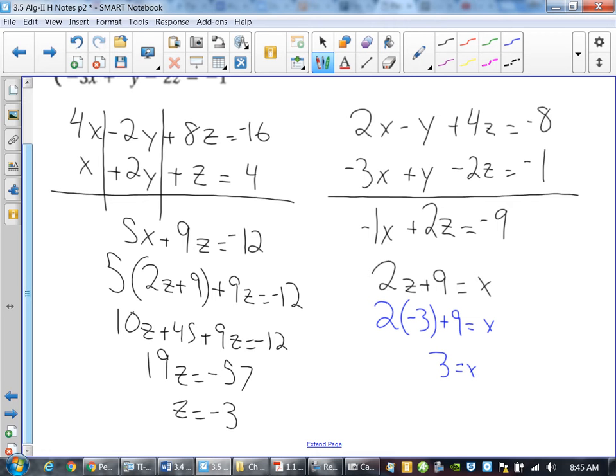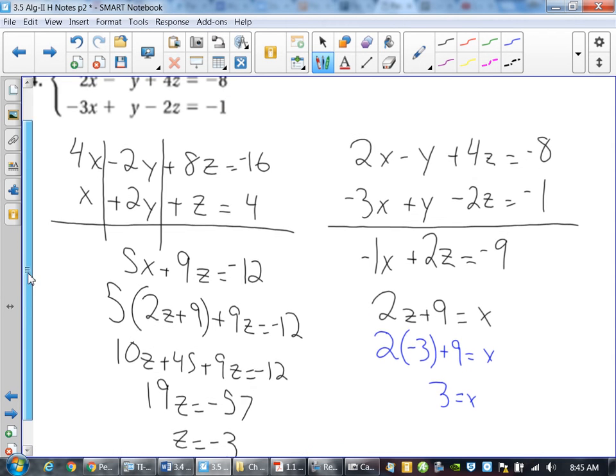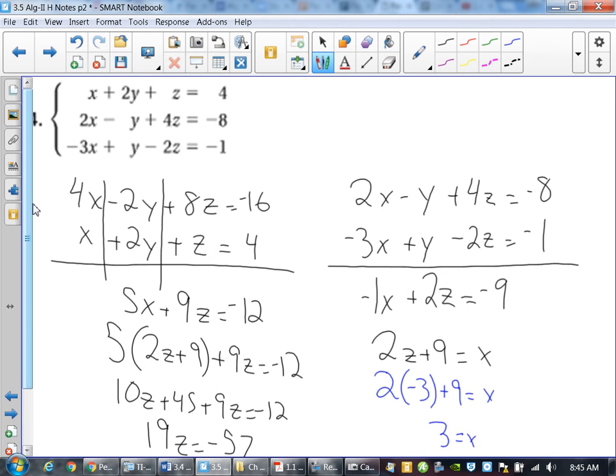So now I have an x and a z. What do you do to find y? Well, you just substitute back in again. So we have 3 and negative 3. Does it matter which one I choose? I'll do the bottom one since the y just has a coefficient of positive 1.